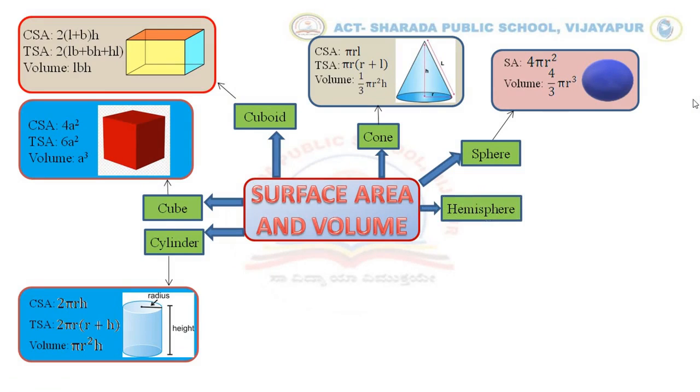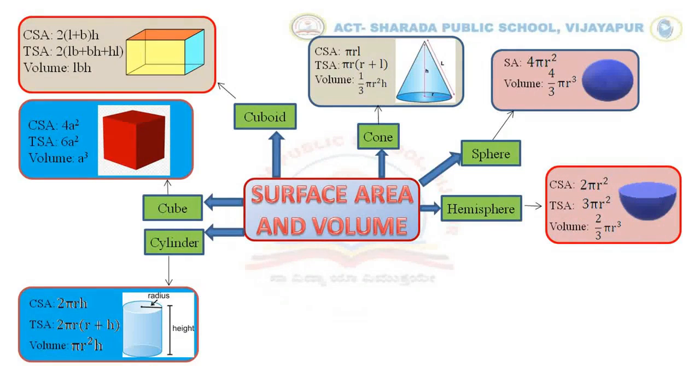The next is the hemisphere, which is half part of the sphere. Here we have separate surface areas, CSA and TSA, because the hemisphere has one circular top. The curved surface area is only the curved part of the sphere, which is exactly half of the surface area of the sphere.